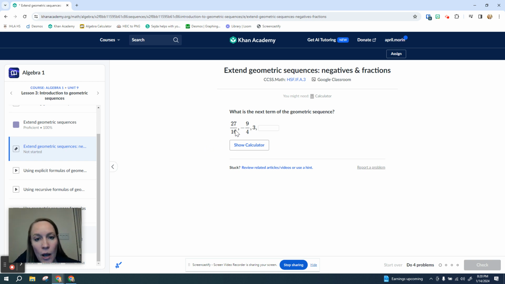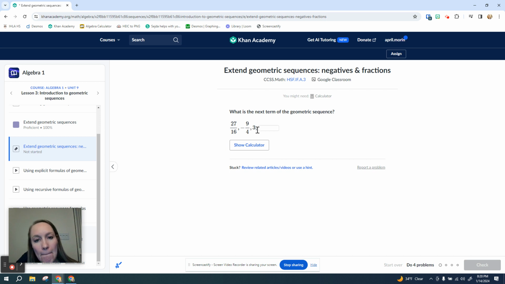So we need to know this ugly fraction times what equals this ugly fraction, right? But because this 9/4 and this 3 are kind of nicer numbers, that's what I'm going to use.